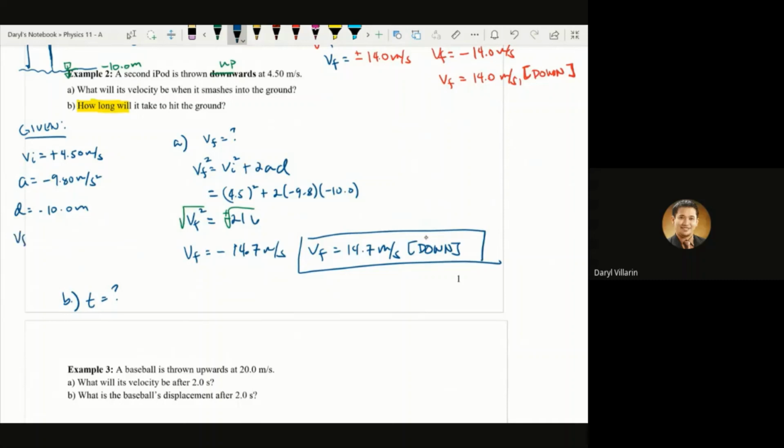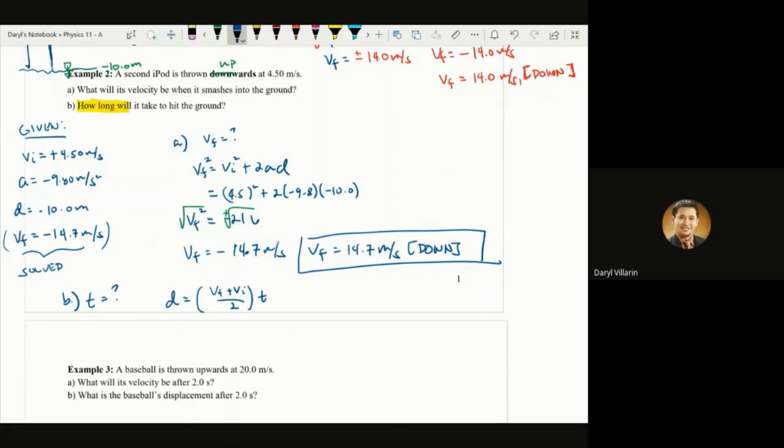Your final velocity is already determined as 14.7 meters per second, which you solved for. So you have additional information which you can use to solve for the time. If you examine your displacement equations, everything is given except for the time, and it is given by this expression here.